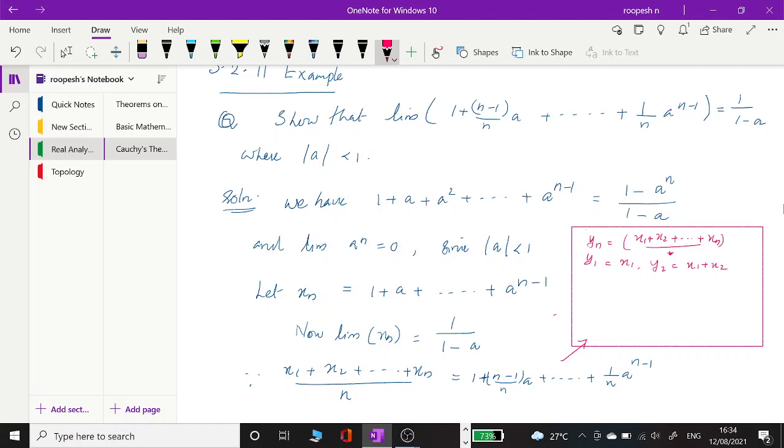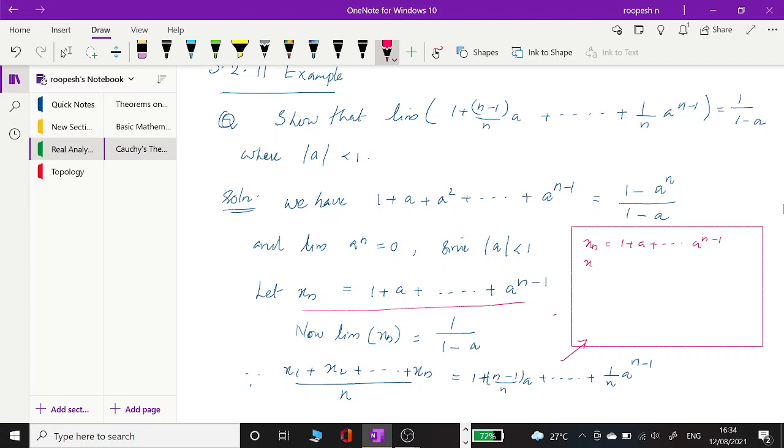Oh, I have made a mistake here. It's given that xn, not yn. So let me copy that here. This is your xn. So xn is given as 1 plus a plus etc plus a raised to n minus 1, right?